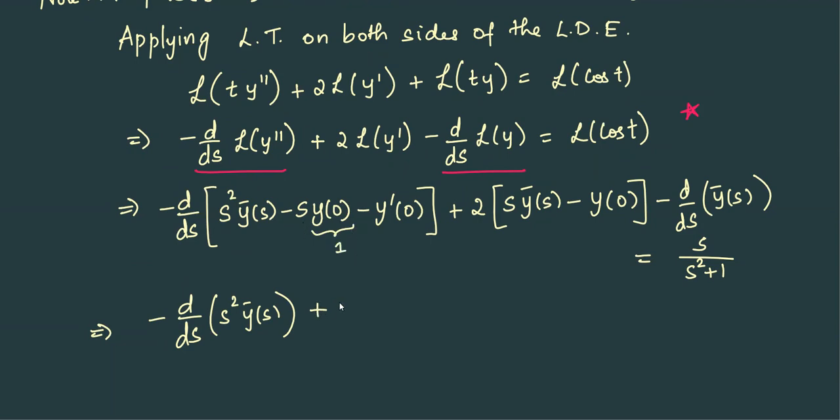So derivative of s with respect to s, you will get plus 0. Here we get 2s y bar s. Y of 0 is 1, so minus 2.